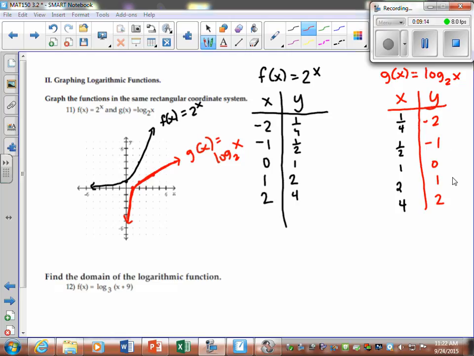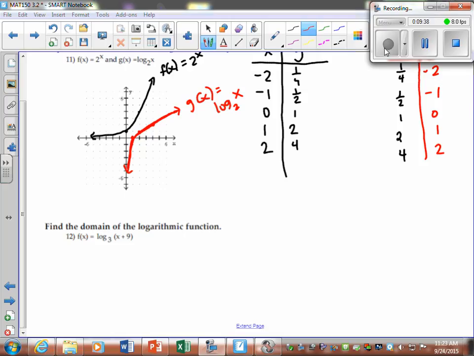So we can see that happen. Remember the x and y coordinates change on inverses? So this exactly matches this and vice versa. So we can see that these are in fact inverses, and the graphs of these inverses actually look like this. So we wanted to see that these were in fact inverses in a graphical sense.